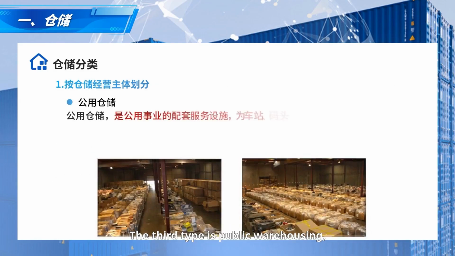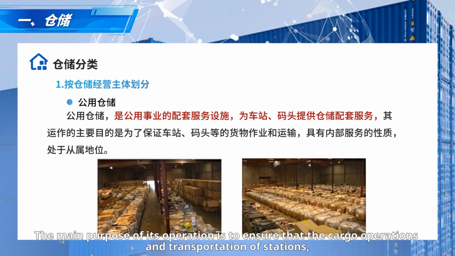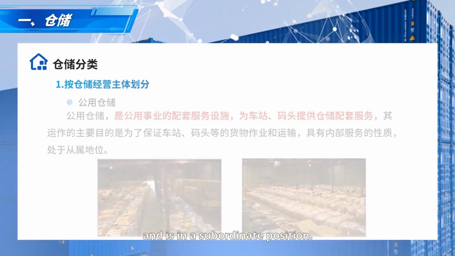The third type is public warehousing, which is a supporting service facility for public utilities, providing warehousing support services for stations and docks. The main purpose of its operation is to ensure that the cargo operations and transportation of stations, docks, etc. have the nature of internal services, and it is in a subordinate position.